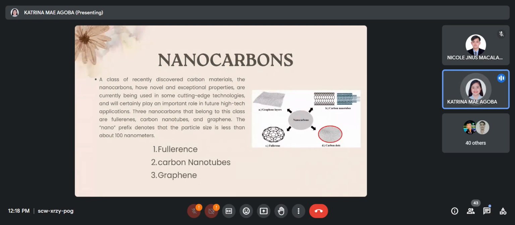Before I discuss the graphene, the carbon nanotube, and fullerenes, I want to share the carbon dots. What are carbon dots? Carbon dots are an interesting kind of zero-dimensional carbon nanomaterial with lateral diameter of 10 nanometers and lattice spacing of 0.21 and 0.34.